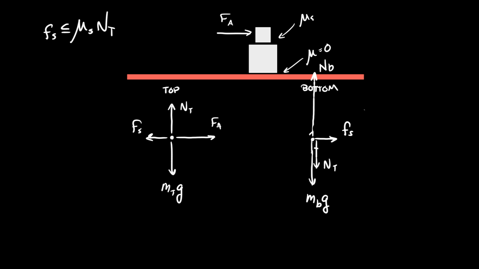Remember, friction comes from normal force, but the normal force that's acting between these two surfaces is due to the top box. Now, these, I think, are going to be unbalanced. So net force is going to equal M bottom times A, and net force here is going to be equal to M top times A.